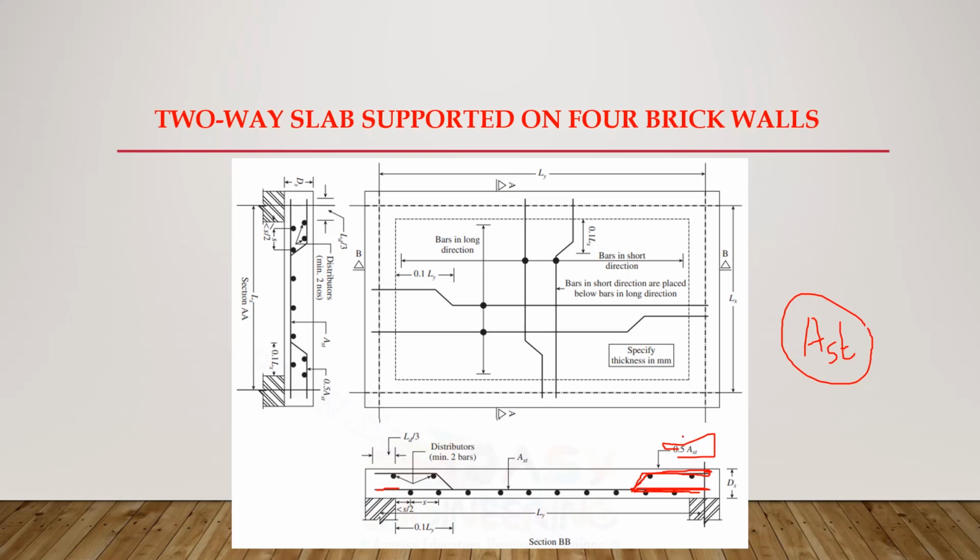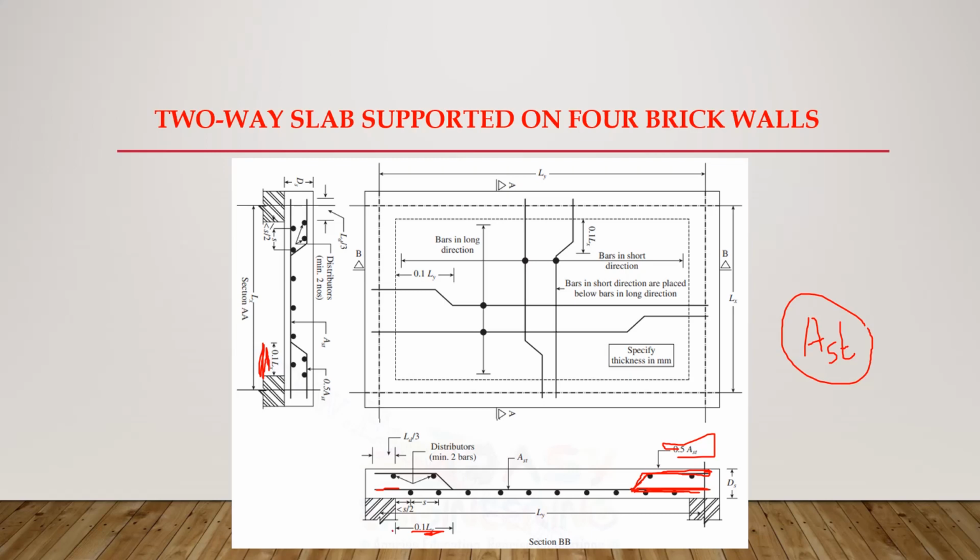So at least 50% of reinforcement should extend into the supports, and the remaining 50% should extend to within 0.1 times the length in the shorter direction or 0.1 times the length in the longer direction of the support.